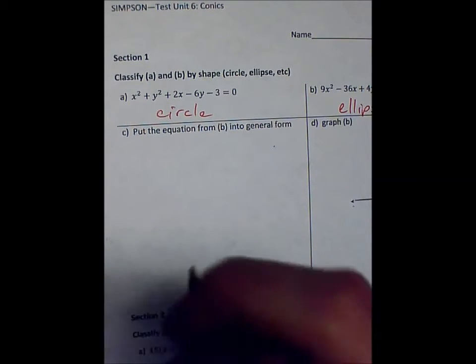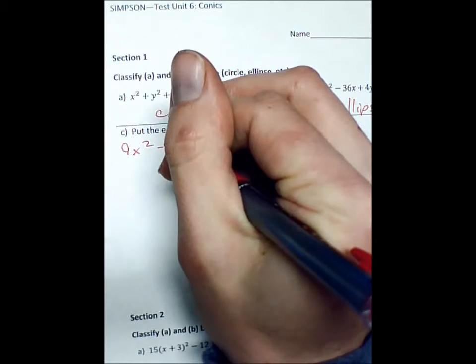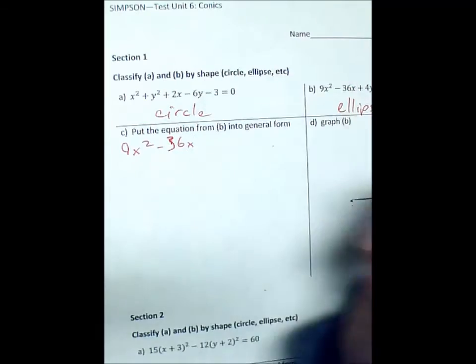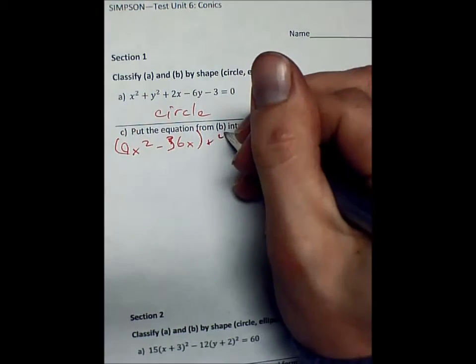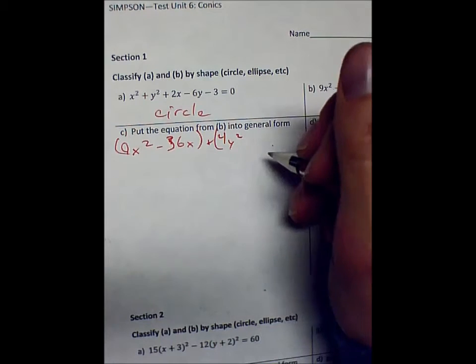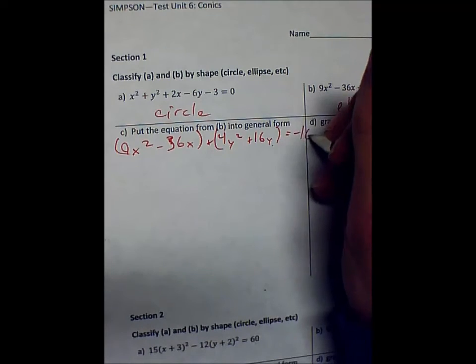Now for part C, we need to put this in the general form, so we're going to start by completing the square. So let me rewrite the equation over here. And as I rewrite it, I'm going to group it so that I have my x's together and then my y's together. And I'm going to move the 16 across the equal sign.